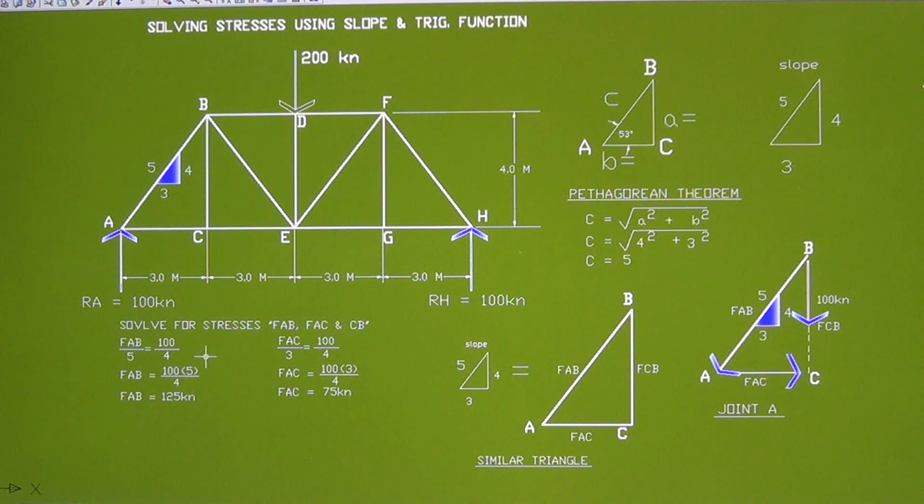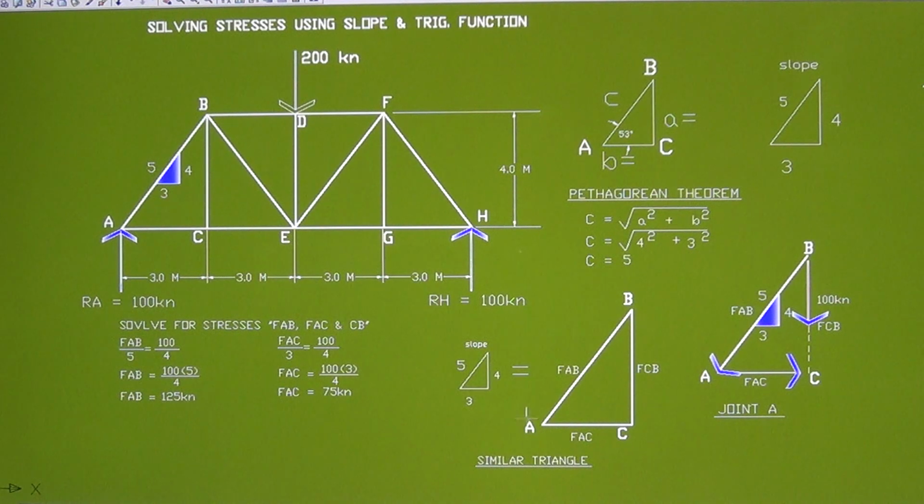To form these two equations, you are actually doing the similar triangle between the slope triangle and the triangle of forces you have there, A, B, C. The slope triangle is similar to the triangle of forces.